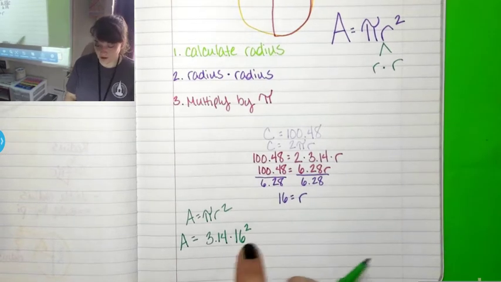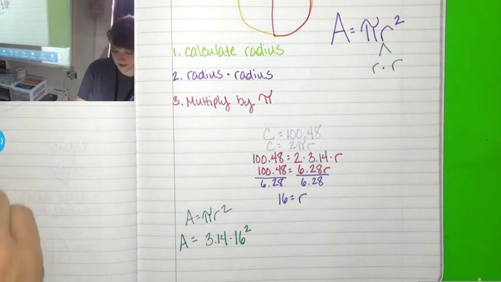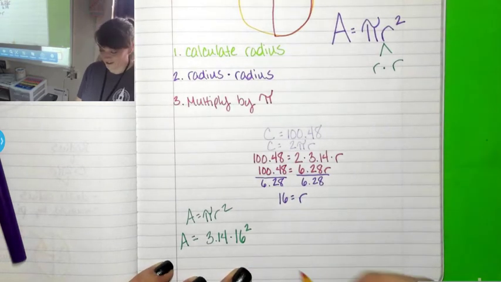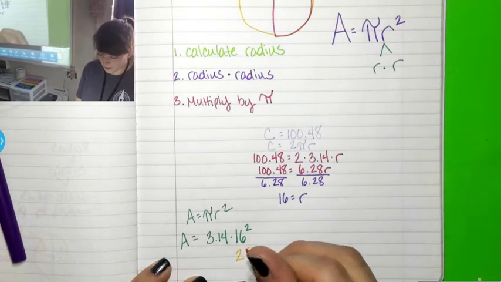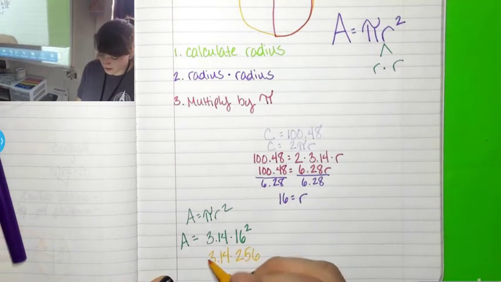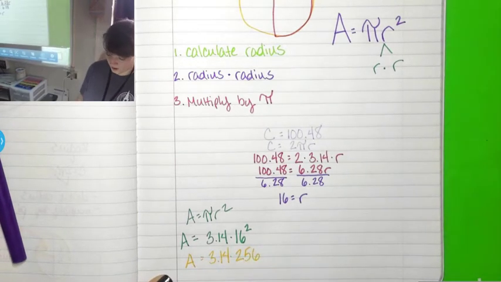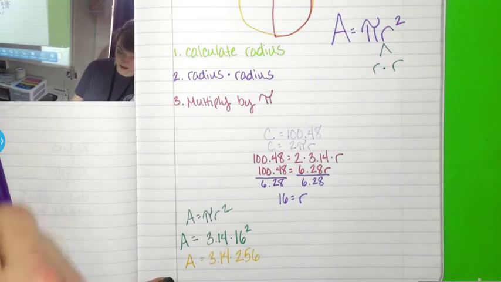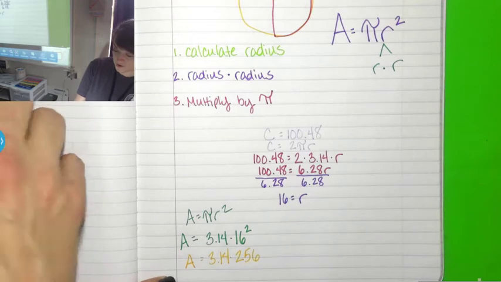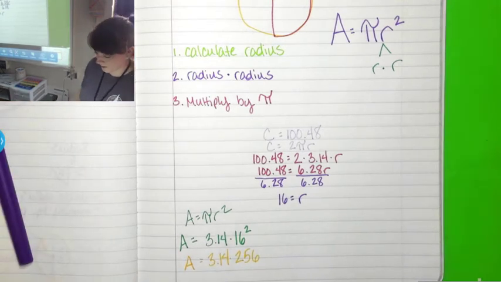Which part do you do first? 16 squared. 16 times 16. Anybody know that off the top of their head? Thank you. I knew somebody would. 256 times 3.14. This is where you have to show some work, because there might be 1 in a million who can do that in their head. You're going to have to write it down.